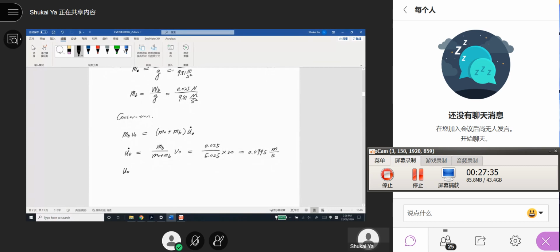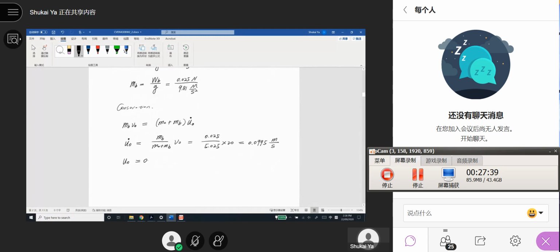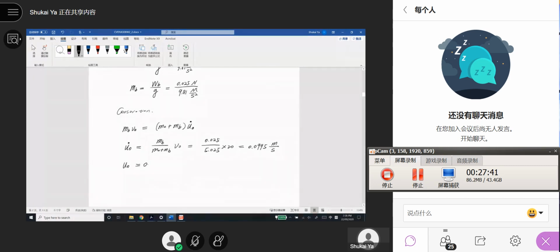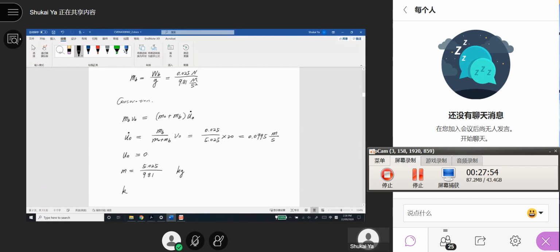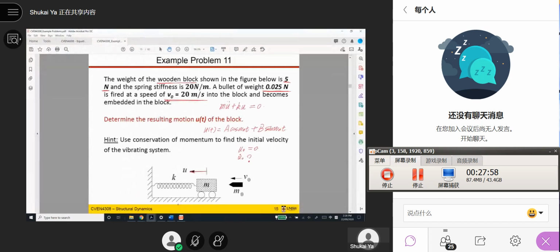We know that the initial displacement is equal to 0. And the mass for this system is equal to 5.025. And the stiffness for that is equal to, check the system, 20.